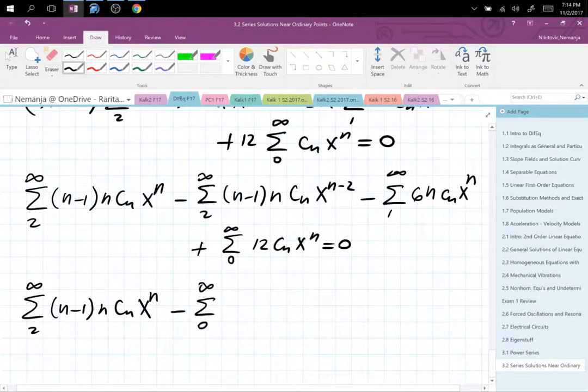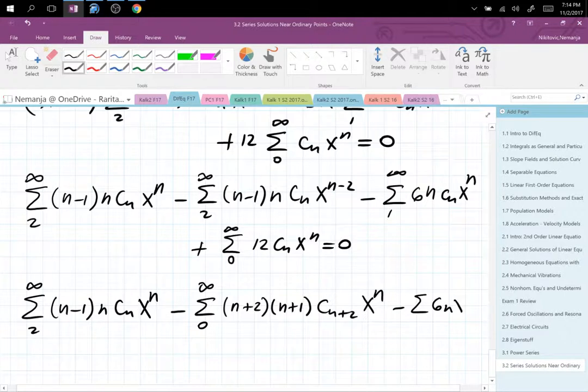It will shift to 0 to infinity, and plus 2, so that will be n plus 2, n plus 1, cn plus 2, x to the n, minus summation 6n cn x to the n will run to infinity, and plus summation 0 to infinity 12 cn x to the n equals 0.